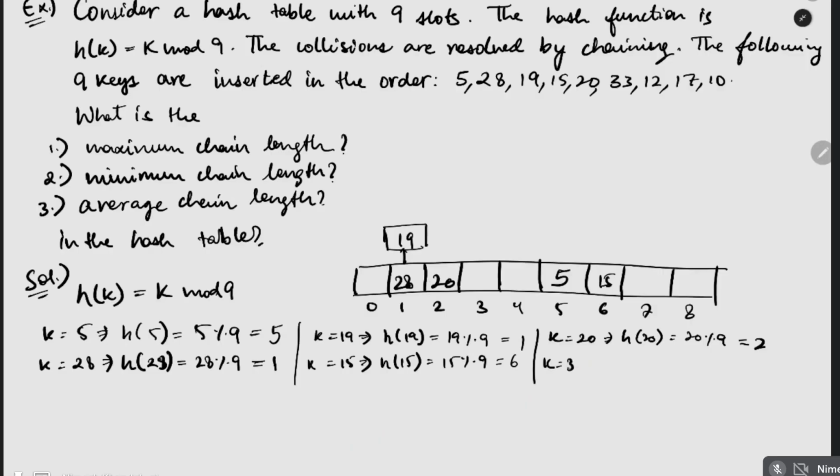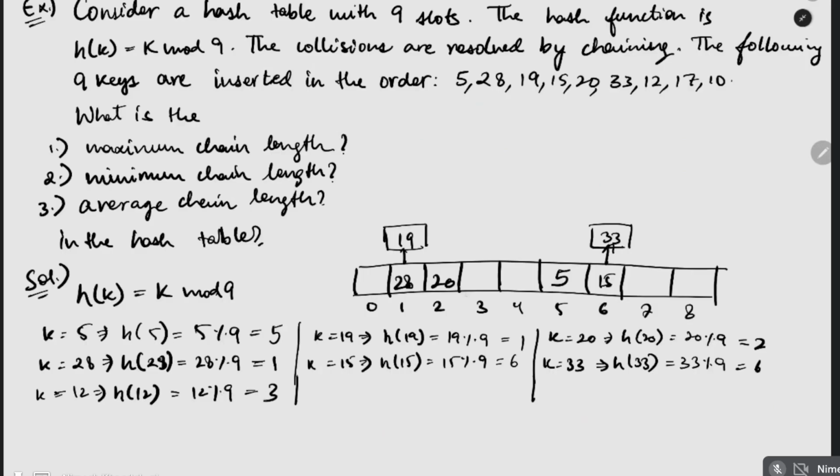Then 33, h of 33 is 33 mod 9, that is again 6, so 33 is chained at index 6. Right now, after 33 we have 12, so h of 12 is 12 mod 9, that is 3, so 12 is at location 3.